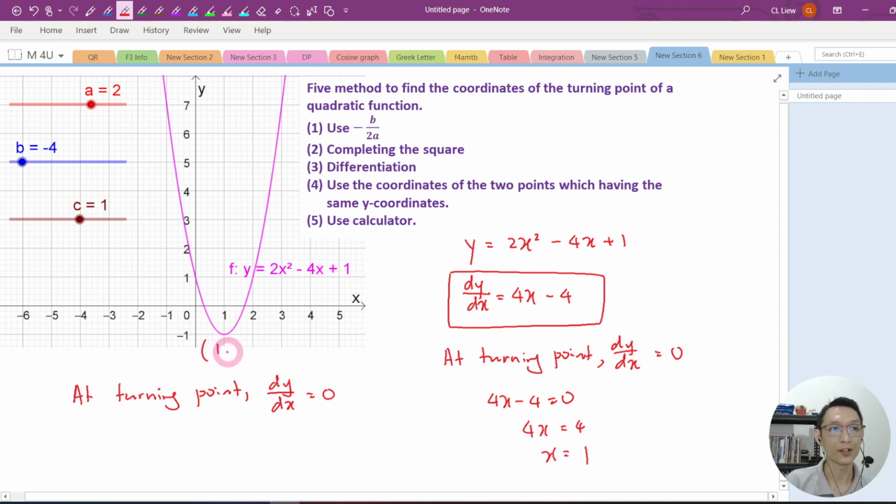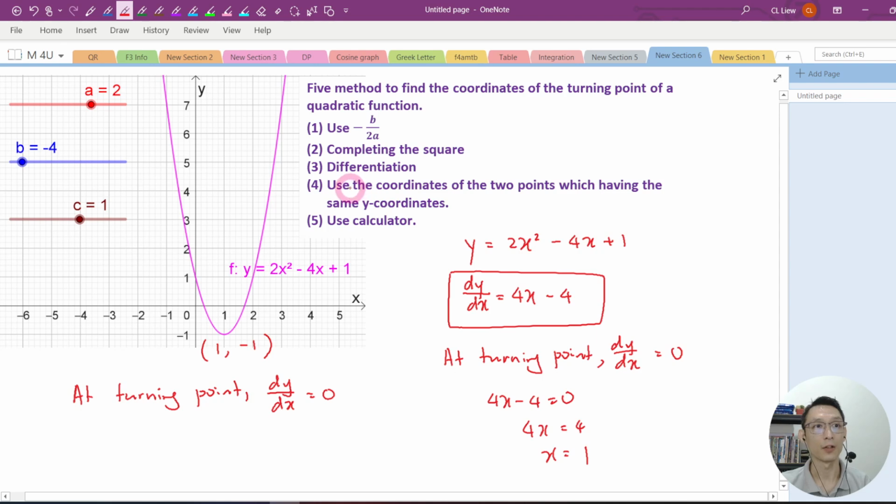Now we got the x coordinate of the turning point. How do we get the y coordinate? The same method as we did just now. Just substitute the x value equal to 1 inside here and press your calculator. You should be able to get negative 1. So this is the third way that we can use to find the coordinate of a turning point.